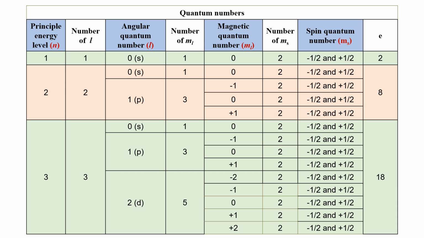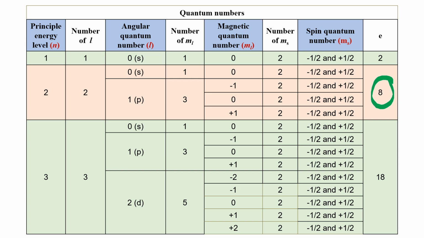We give minus 1, 0 and plus 1 for these 3 magnetic energy levels. Each magnetic energy level contains 2 spin quantum numbers, plus half and minus half. Therefore, when you consider principal energy level 2, a total of 8 electrons can exist in the second principal energy level.